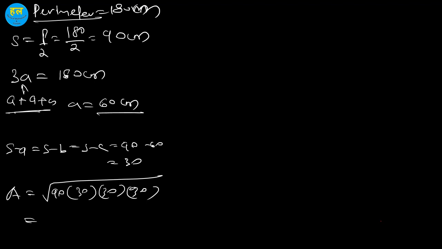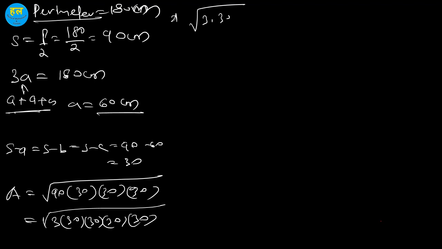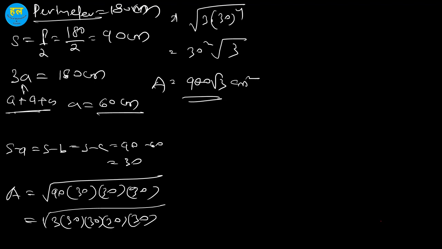Therefore it is equal to the square root of 3 into 30 to the power 4, which is 30 squared root 3, equal to 900 root 3. This is our area, in centimeter square.